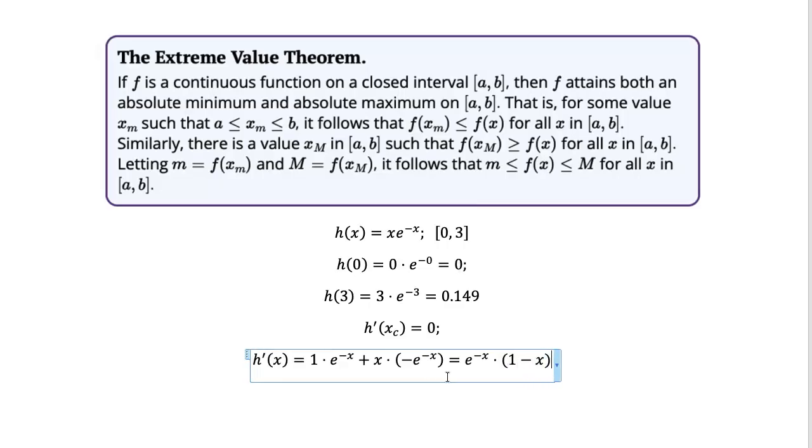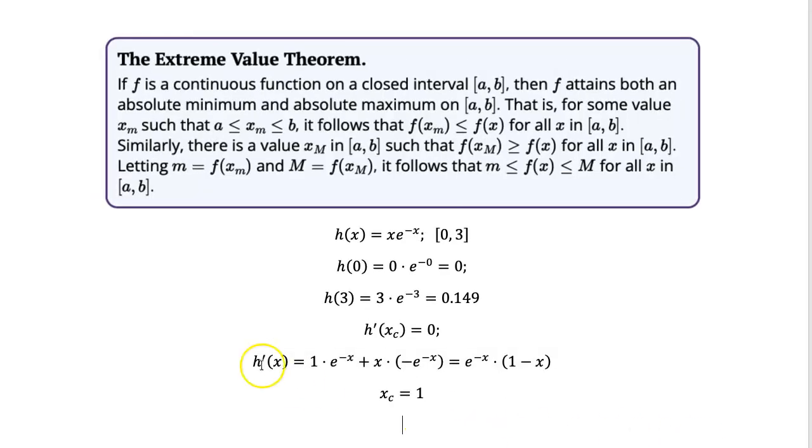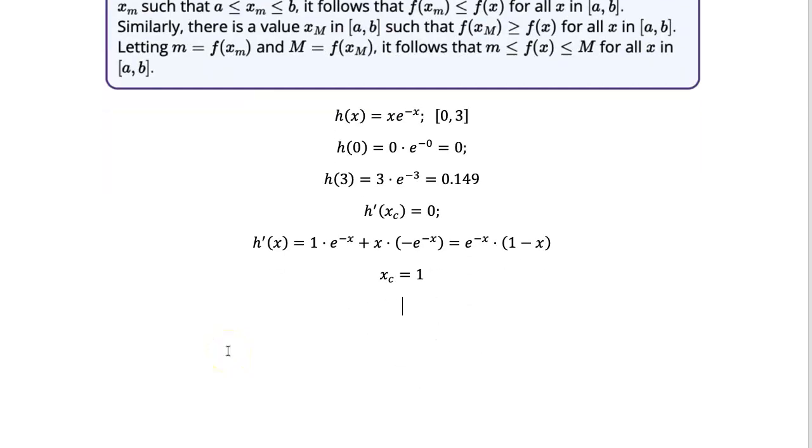Now, where does this equal 0? So we know we have a critical value at x equals 1, right? That's going to equal 0 at x equals 1. So this is most likely a maxima, right? But to know definitively whether it's a maxima, let's take the second derivative.